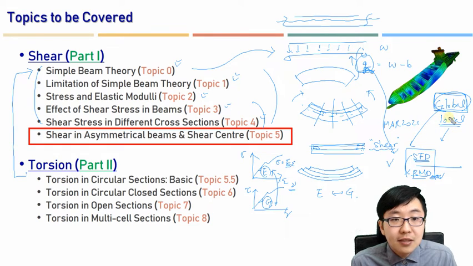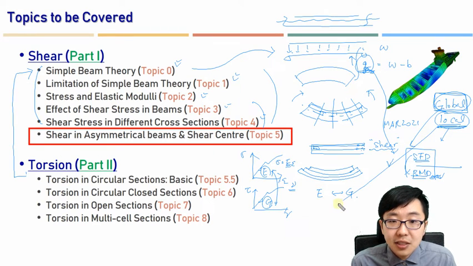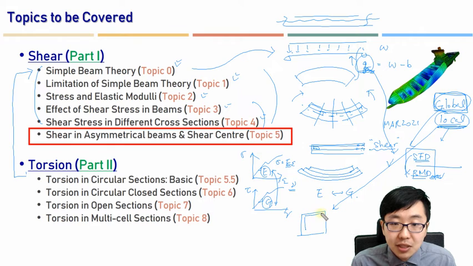After that, we discussed the local methods, about the beam section. At that time, our assumption was that our beam section is symmetrical.